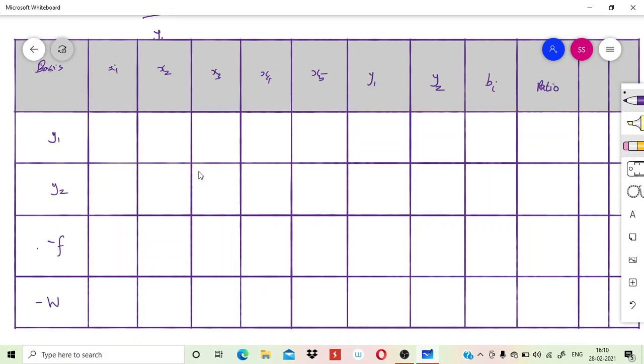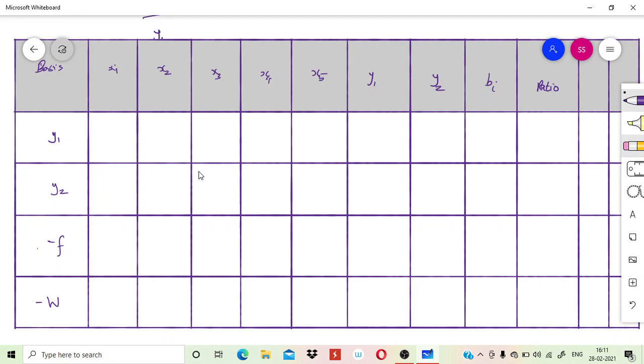So we will proceed with this simplex method in phase 1. For y1, the coefficient of x1 is 3, which corresponds to our first constraint.